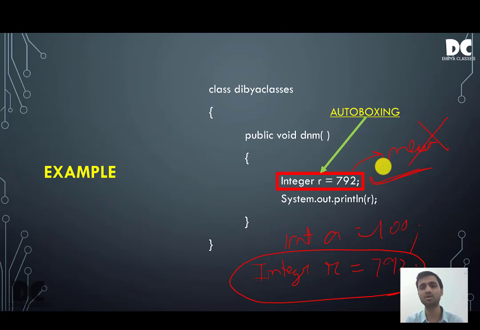So this is called auto boxing. We can also keep the value directly like this. Similarly for all, if you want to store a double value, you will write Double r equal to 100.0 and it will store 100.0 directly in that object r. This is called auto boxing. Without using the new keyword, auto boxing. With using the new keyword, it is boxing.